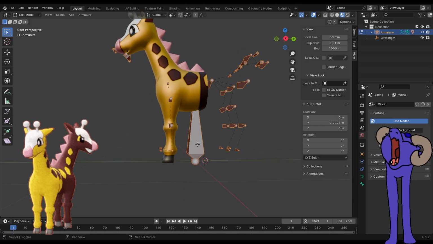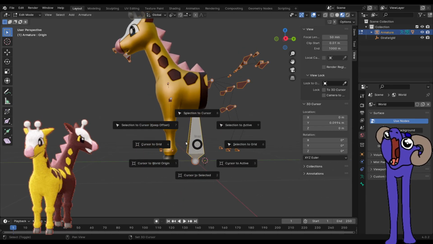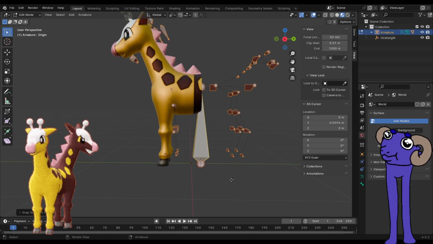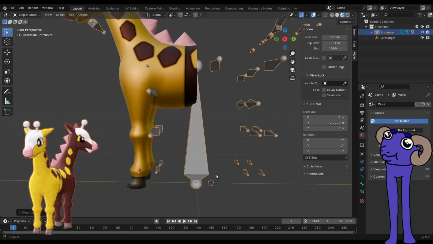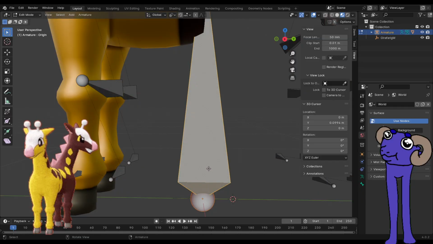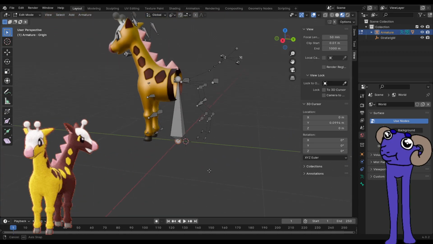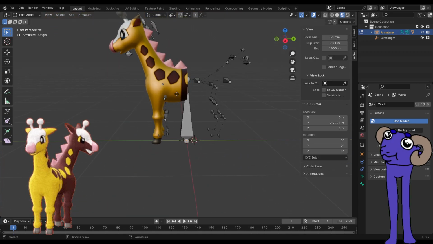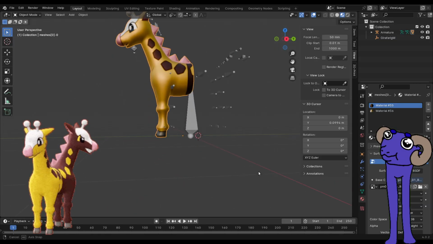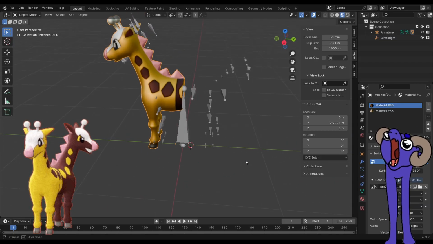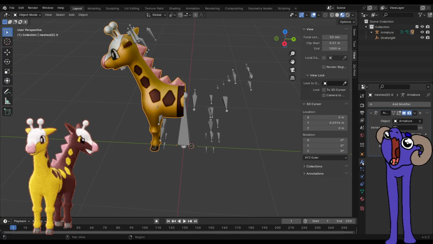and then shove this here. Bones are now disconnected from the body. That isn't what I was wanting to happen.